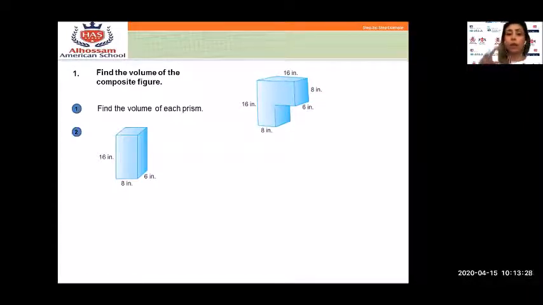And if you want to solve this type of question, you have to identify the rule of the volume and the surface area of each figure in that composite figure. So you have to revise and memorize all the rules regarding volume and surface area.